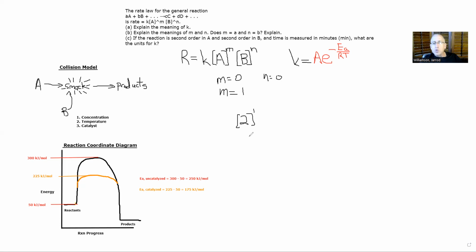If you tripled the concentration of A, the reaction rate triples. That's what M means. Same thing for N if N happened to be equal to 1. By the way, if M is equal to 1, that does not mean N has to be equal to 1. They're independent of each other. Okay?